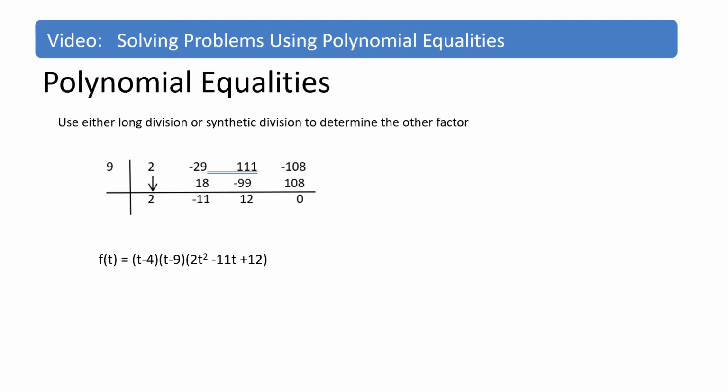Now, let's use either long division or synthetic division to determine the other factor. So we will set this up. We will divide 9 into the dividend 2, negative 29, 111, negative 108, and we will get the result 2t^2 - 11t + 12.